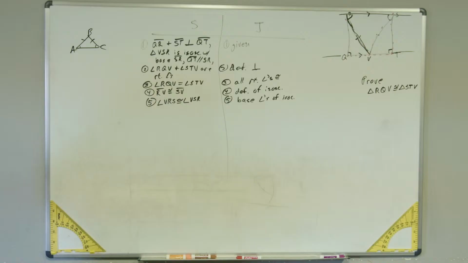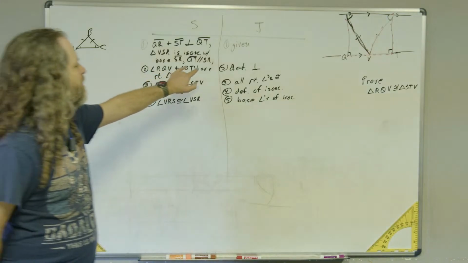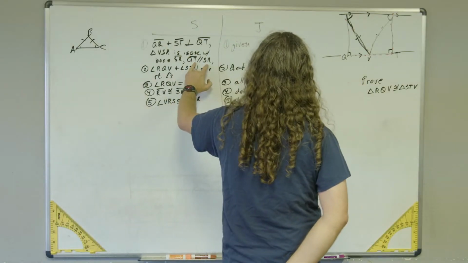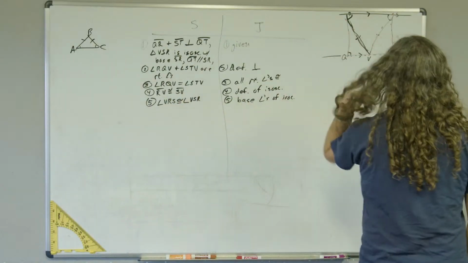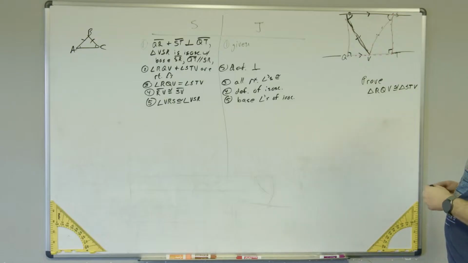We got that congruent to that. Now what could we do? We didn't use this, right? We didn't use that.